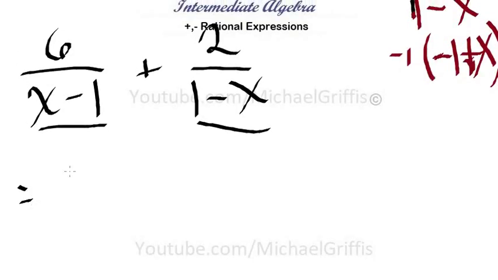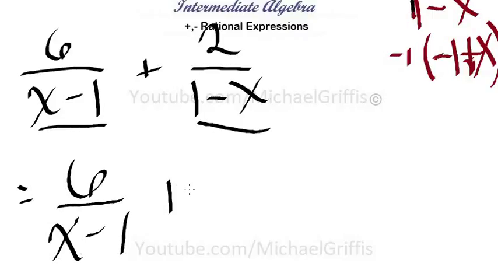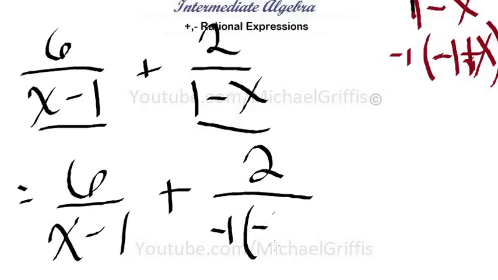So let's rewrite. 6 over x minus 1 plus 2 over, we're going to factor a negative out, and this becomes negative 1 plus x. If you distribute this negative 1 across, we just end up back with 1 minus x. See?